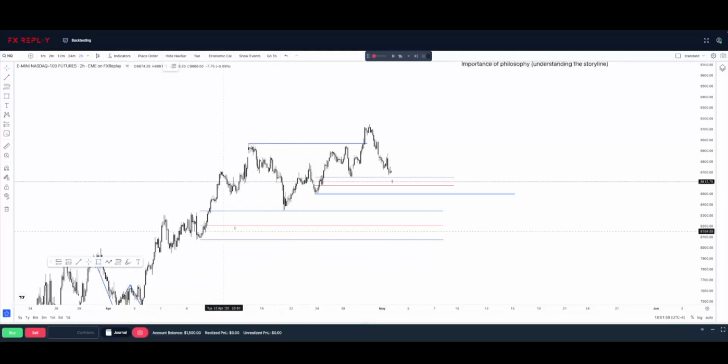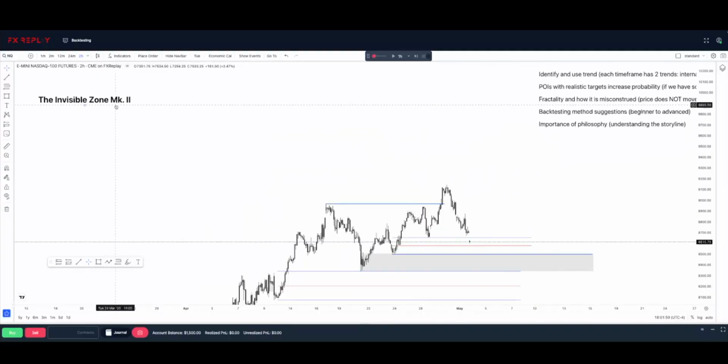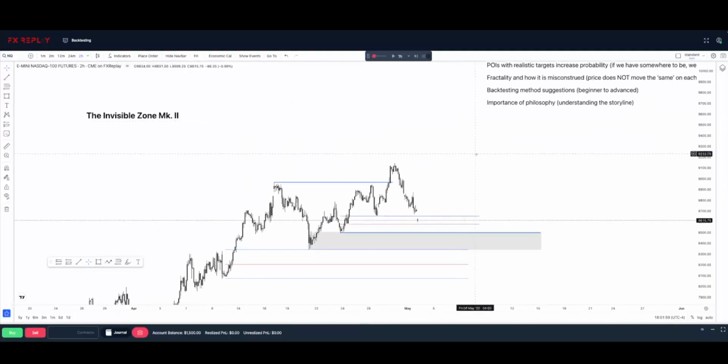Though there can be a hat trick sometimes in price where it comes down and it forms a hump here. It comes to the invisible zone that it made, it forms another hump and bounces and continues on the internal model right there. But in this instance, I am 9 times out of 10 banking that it's going to go up from here. This is just one example, but we're going to get into quantifying it.